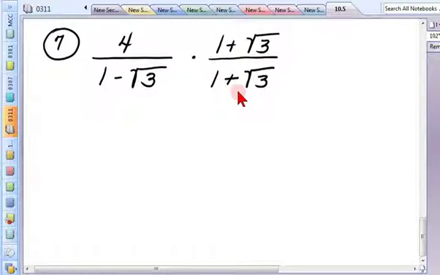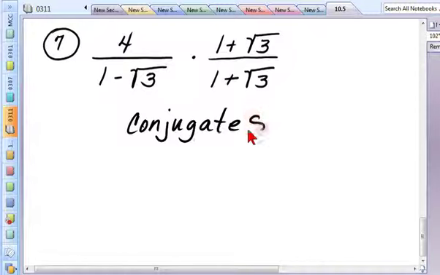These aren't really either one of those, but 1 minus the square root of 3 and 1 plus the square root of 3 are conjugates. And you will hear that word again in college algebra. It is a sum and a difference involving radicals.